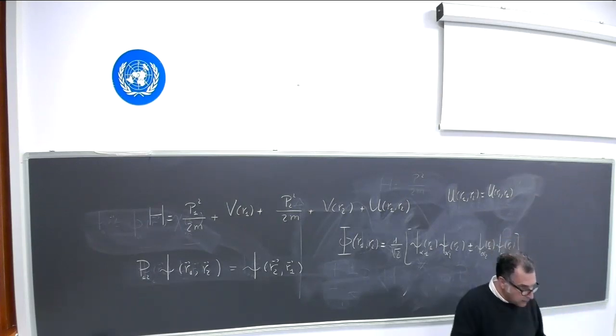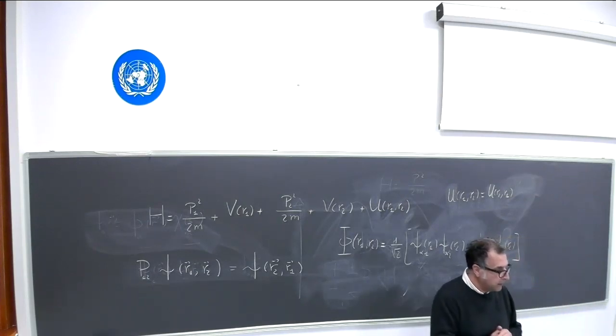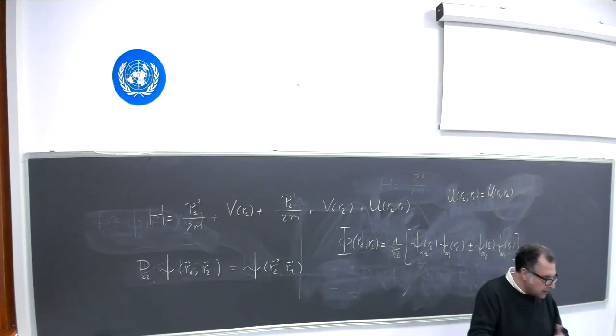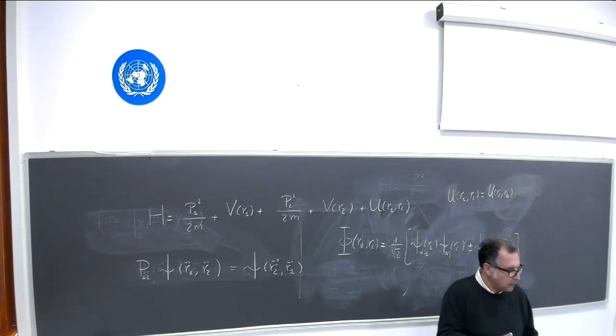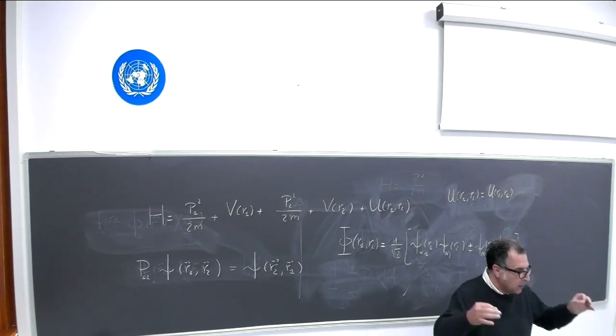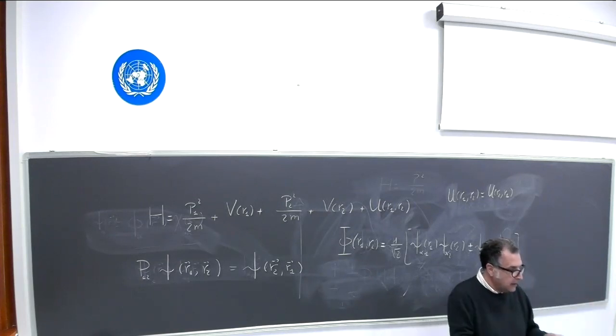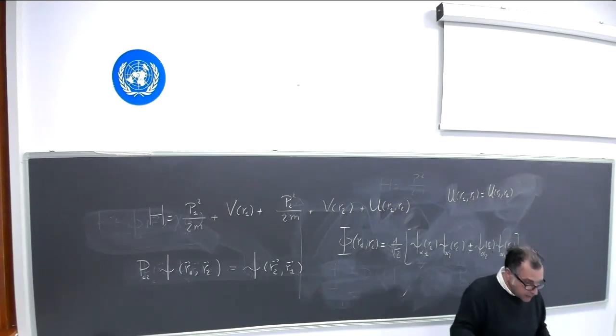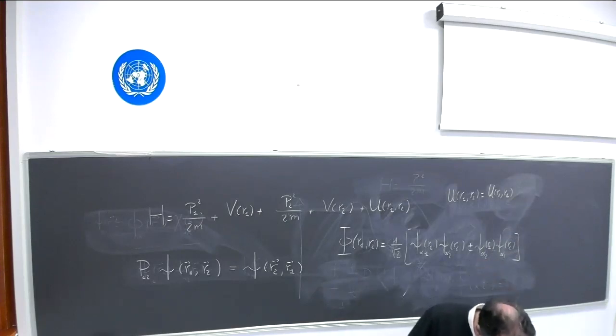On the opposite side, when you go down in temperature, this wavelength becomes comparable to or much larger than interparticle distances, and then indistinguishability becomes important.